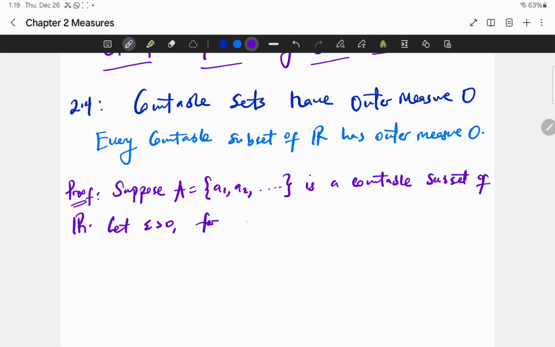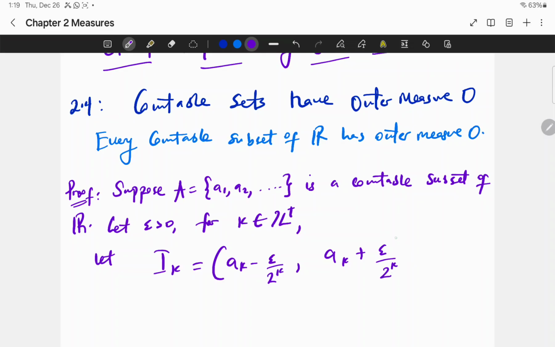For positive k, we can define our sequence of open intervals for each k to be (ak minus epsilon over 2^k, ak plus epsilon over 2^k).